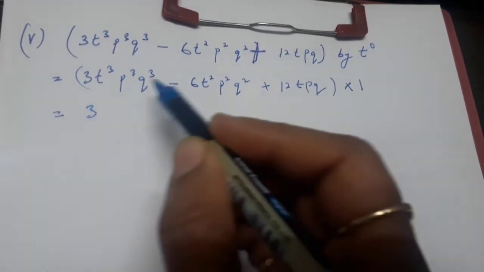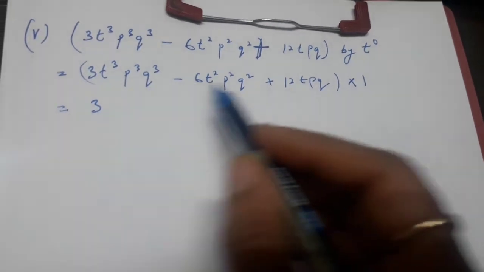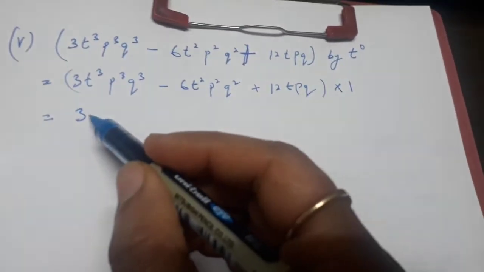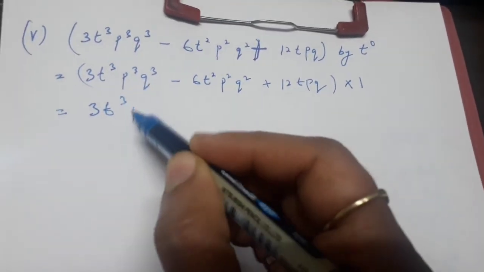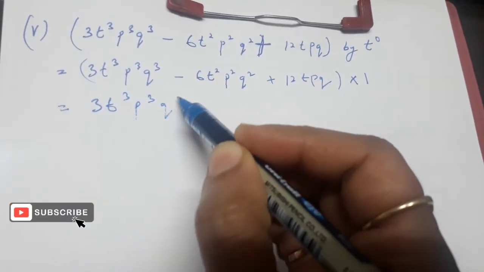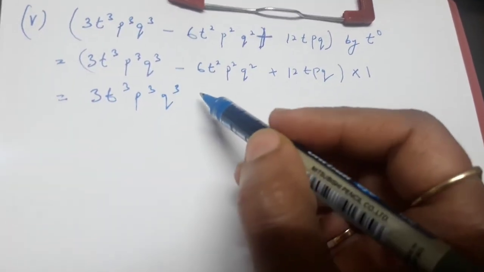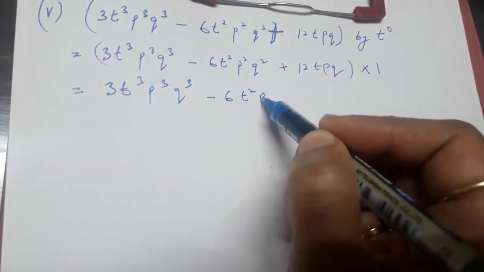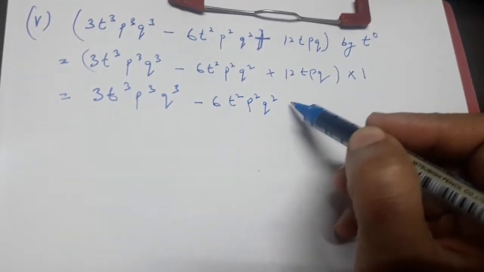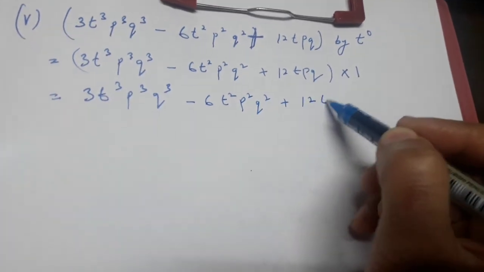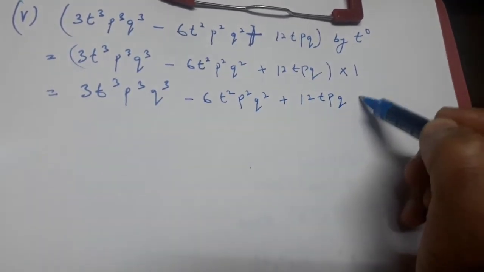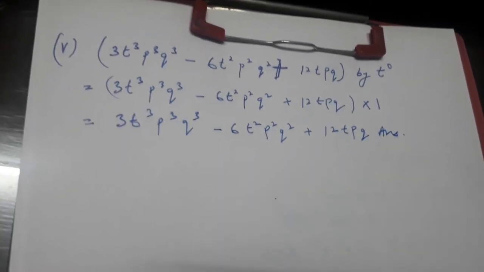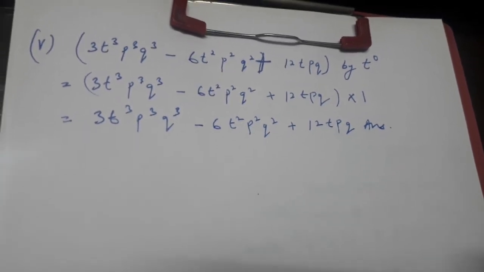So as the whole expression is multiplied by 1, our answer will remain the same. So answer is 3t cube p cube q cube minus 6 t square p square q square plus 12 t p q is our answer for fifth part. Hope the fifth part is clear.